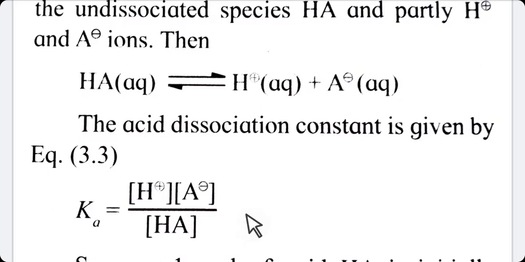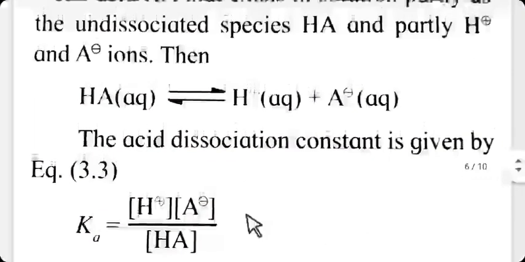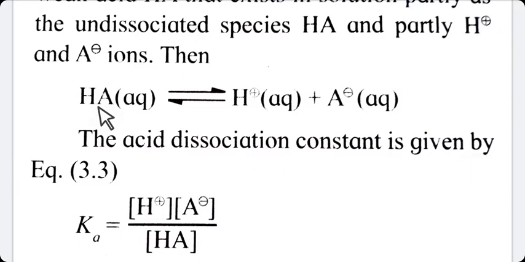Students, we are discussing here Ostwald dilution law. First, we are using here weak acid. We are taking general reaction of weak acid, in which weak acid is represented by HA, and it is partially ionized to H plus aqueous plus A minus aqueous.